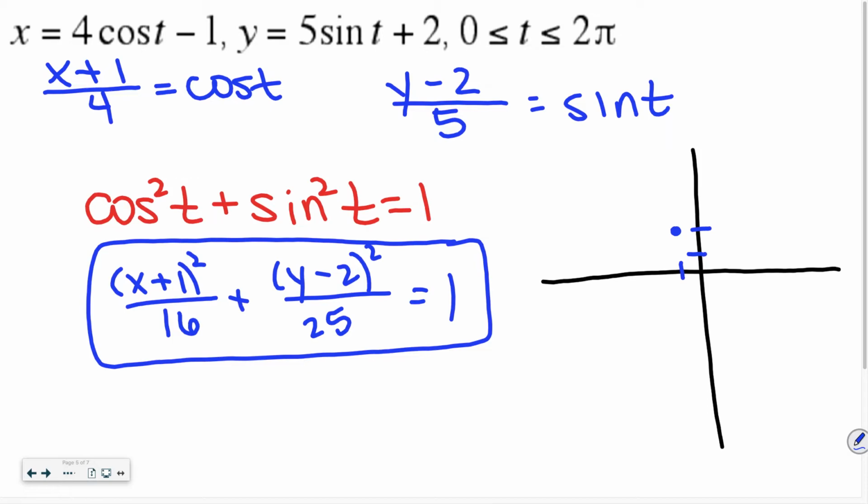Since 16 is related to the x, we're going to move horizontally. Well, I wouldn't call them the radii since it's not a circle, but we called them our vertices, like how far away our vertices were. And then 5 would be the vertical distance since it's associated with y.